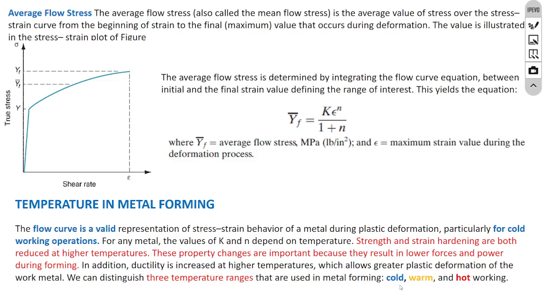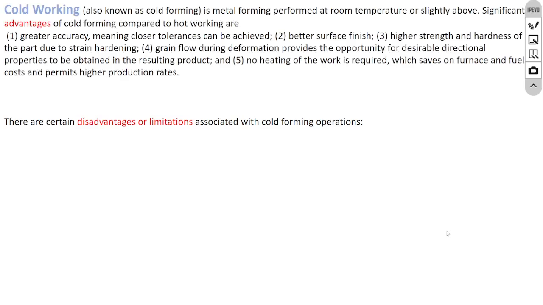Cold working, warm working, hot working. What are the threshold values? Cold working: if the temperature of the material is the room temperature, 20 is the standard temperature, 20, 25, 30, okay? Then we say that it is cold working.